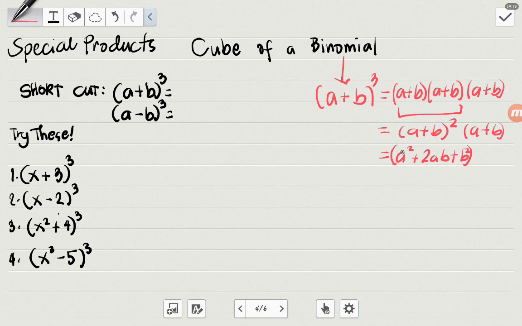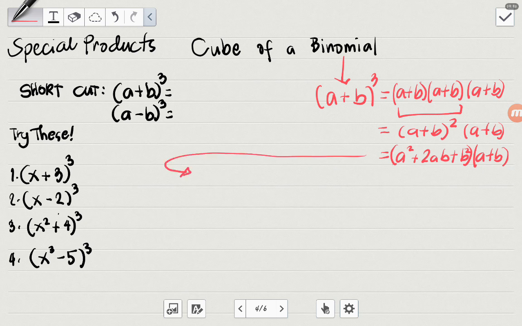So, b square times a plus b. So, again, dito, wala na tayong pwedeng gamitin na method, shortcut para i-multiply ito. Hindi pwede ang foil method. So, ang gagamitin natin dito ay distributive property.